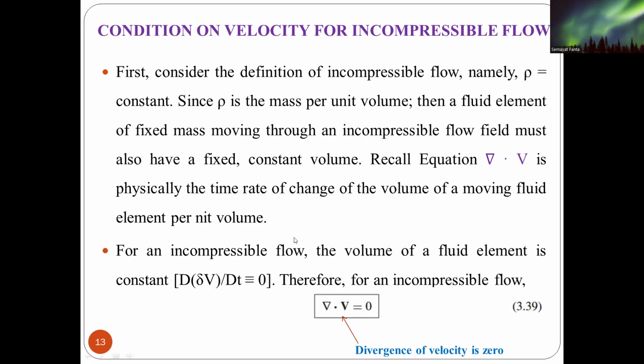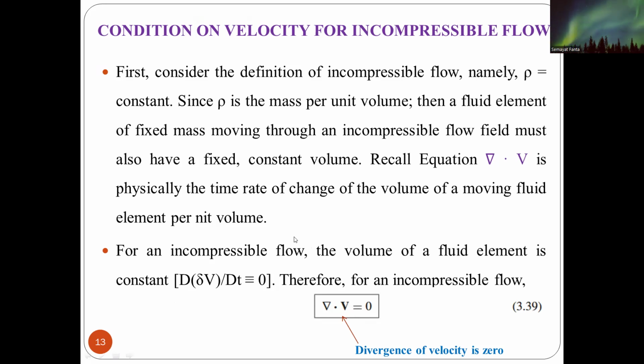Okay, now once we understand the concept of Bernoulli's equation, let's come to the condition of velocity for incoming flow. So let's first consider the definition of incompressible flow, that density is constant, and irrotational flow, that the curl of velocity is zero.